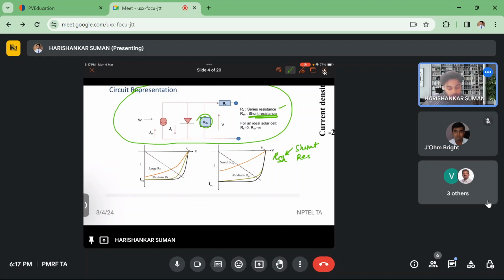The shunt resistance is in parallel, while the series resistance is in series.